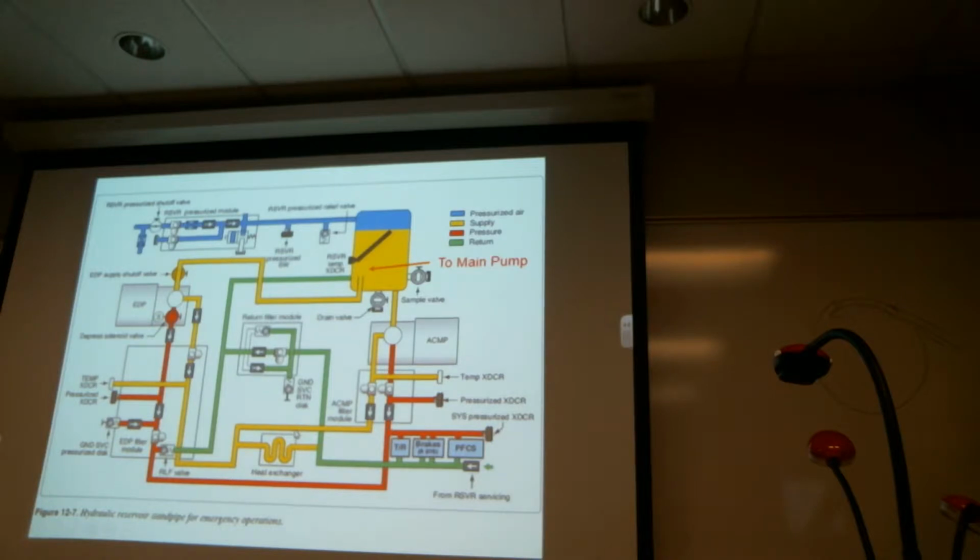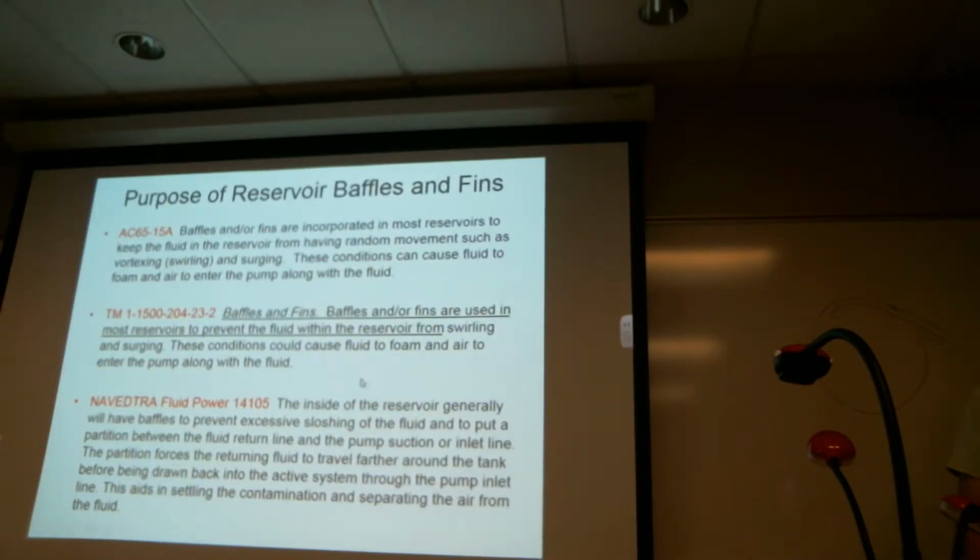The core of the heat exchanger contained tubing that contained hydraulic fluid, and the outer portion allowed for circulation of fuel. So again, what we're trying to do is cool the fluid off as much as possible.